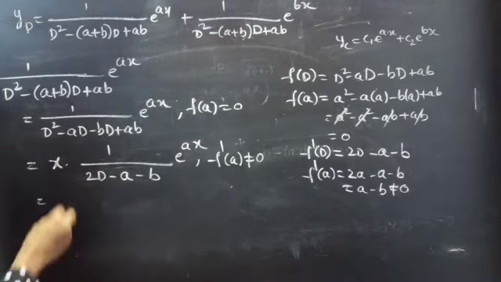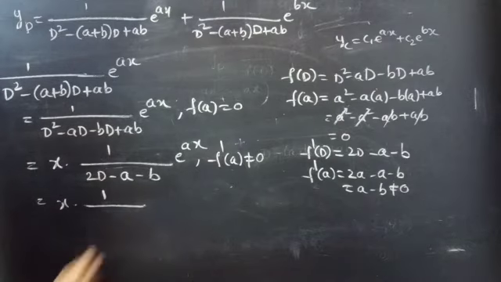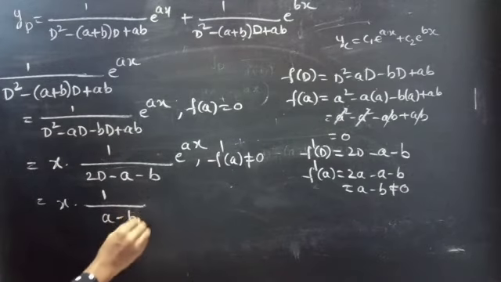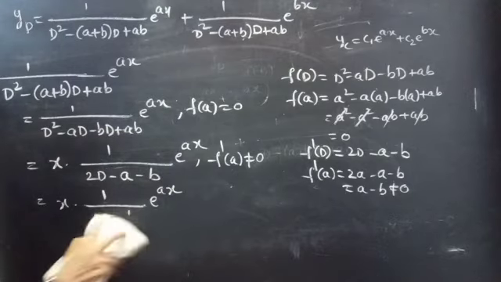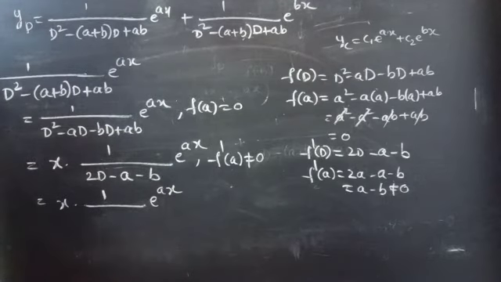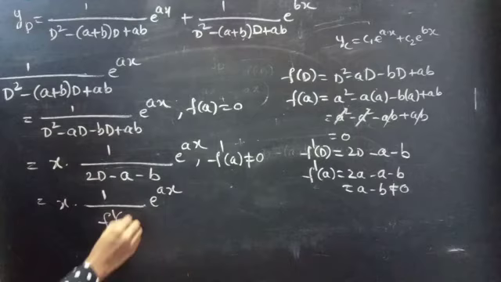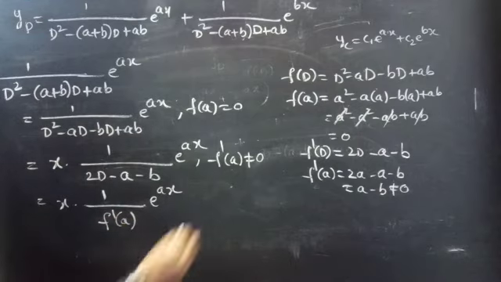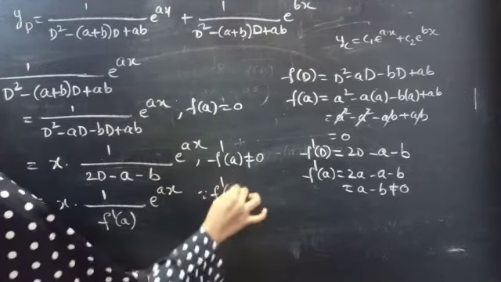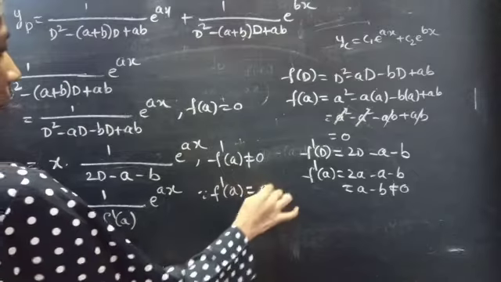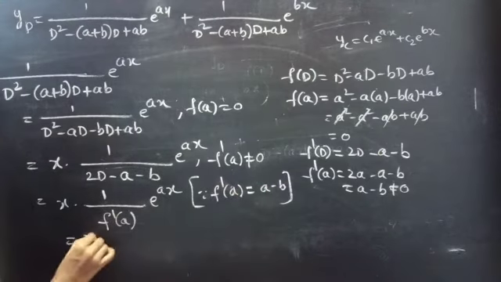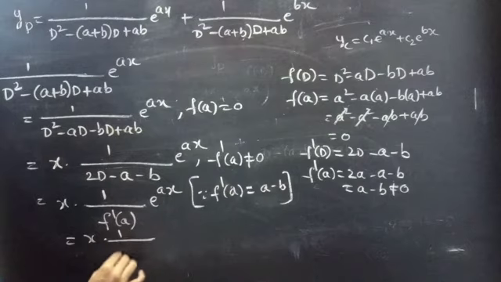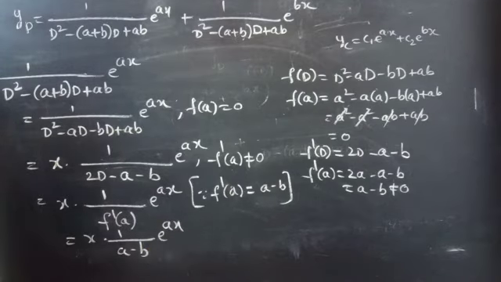Then you'll get x into 1 by a minus b into e power ax. Okay, if you want, you can just write here f dash of a, right? Since f dash of a equals a minus b, which is not equal to 0, you'll get x into 1 by a minus b into e power ax.